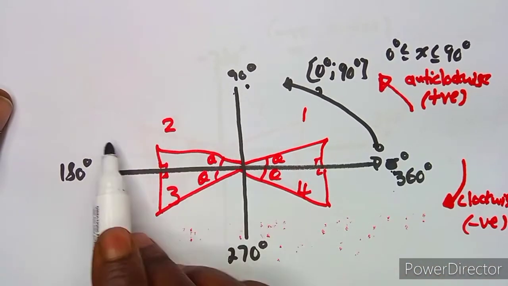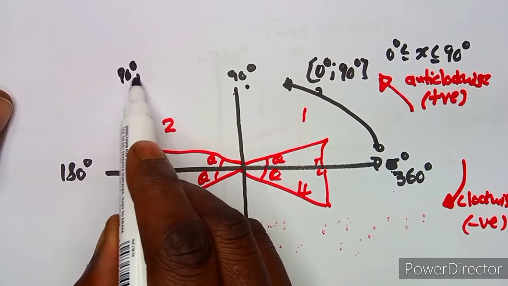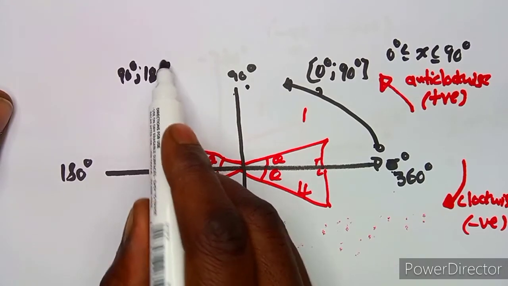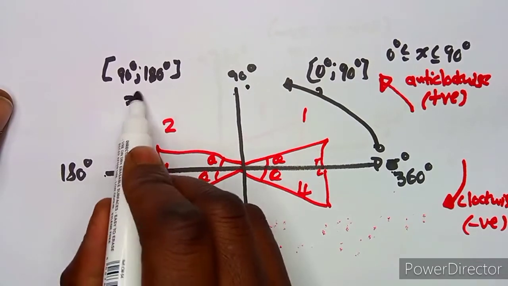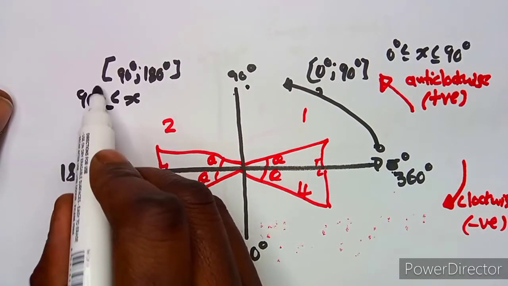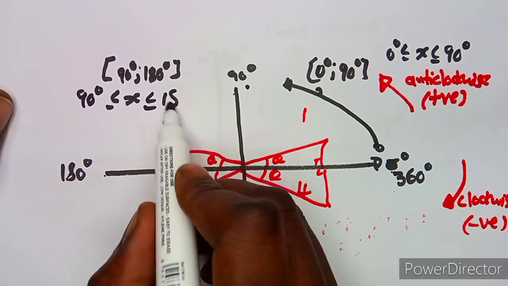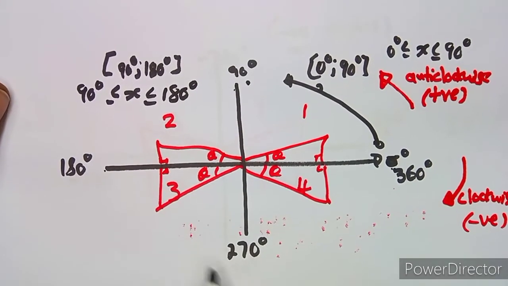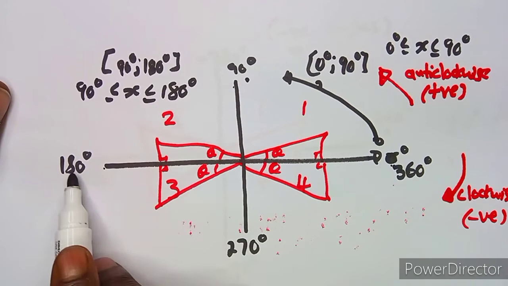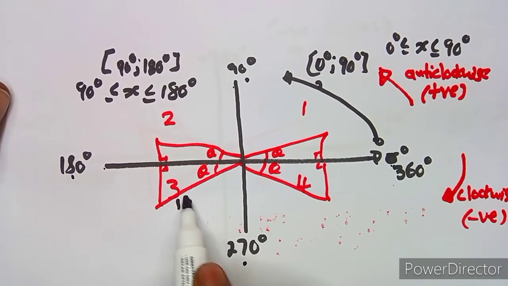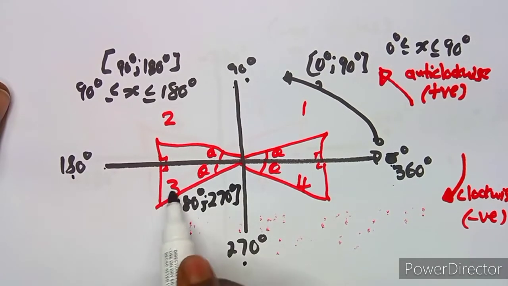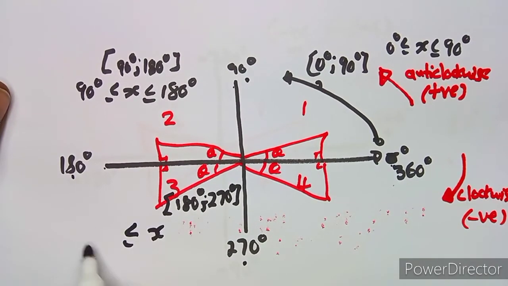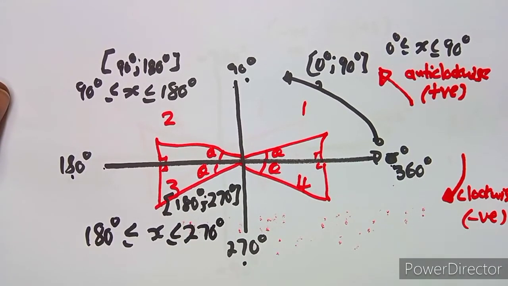In the second quadrant, that is of 90 up to 180 degrees. These are the angles that we are going to have in the second quadrant, which means the values of x range from 90 degrees up to 180 degrees. The same thing, this quadrant is going to be from 180 up to 270 degrees, which means your x is going to be greater than or equal to 180, less than or equal to 270 degrees.